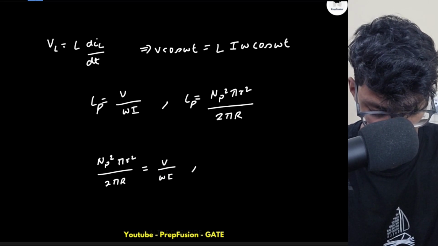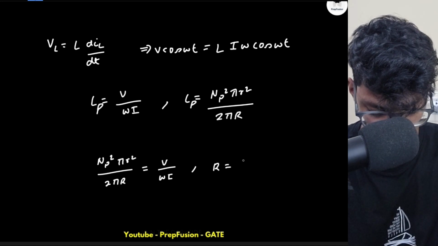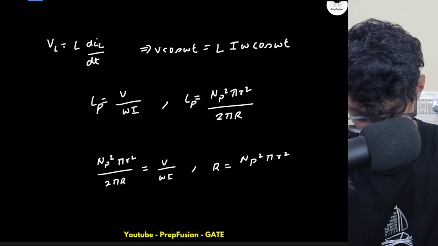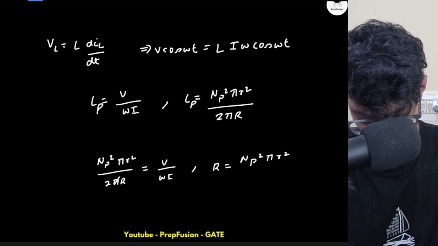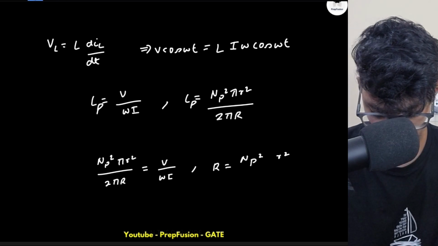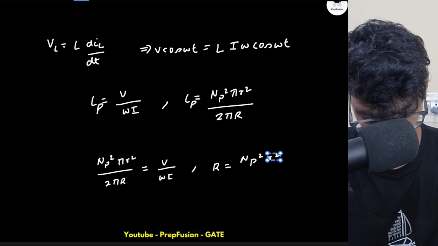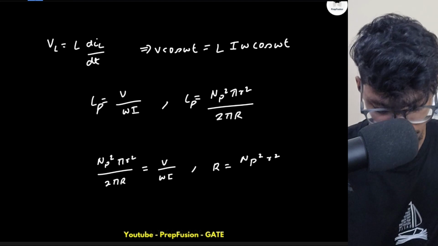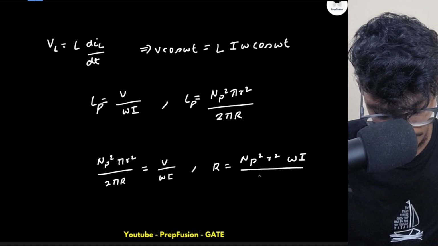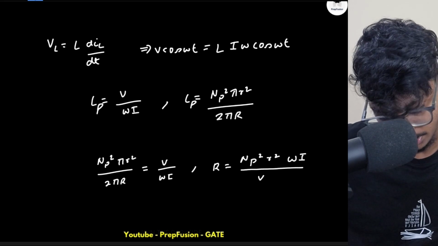So your capital R equals NP square pi r square. Pi will get cancelled anyways, so pi won't be here. So it will be NP square r square omega I divided by V. And 2 is also there, right?